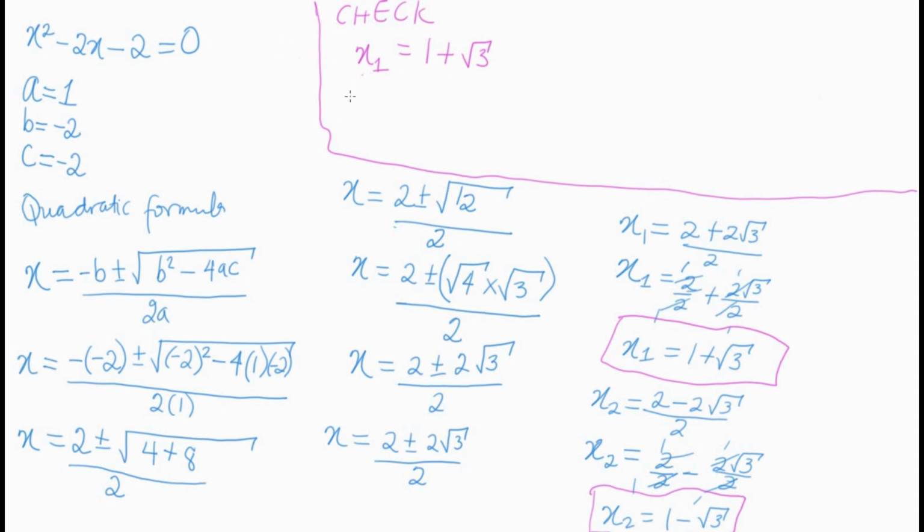And we're going to substitute it into the equation x squared minus 2x minus 2 equals 0. So we have 1 plus root 3 squared minus 2 times 1 plus root 3 minus 2 equals 0. And we want the left side and the right side to be the same value.